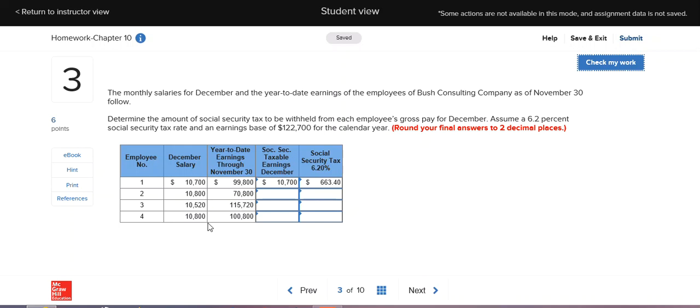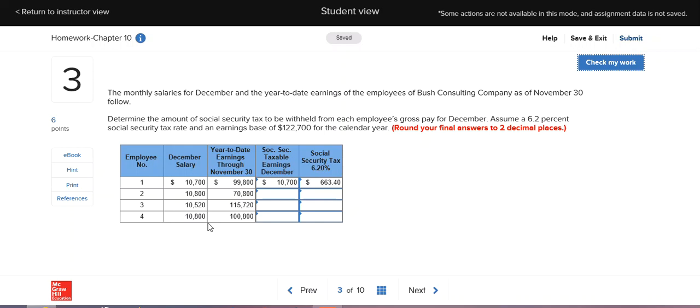So let's just see how much they've made. If we take the $115,720, we add the $10,520, they've actually made $126,240. Okay, only $122,700 of that's taxable, so we have to stop when we get to the $122,700.